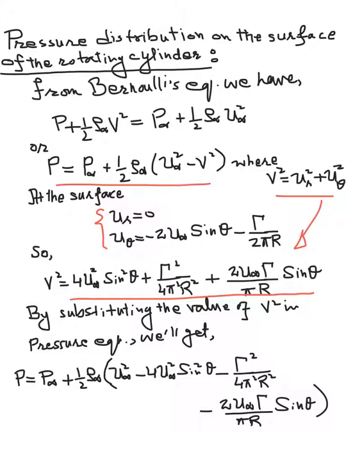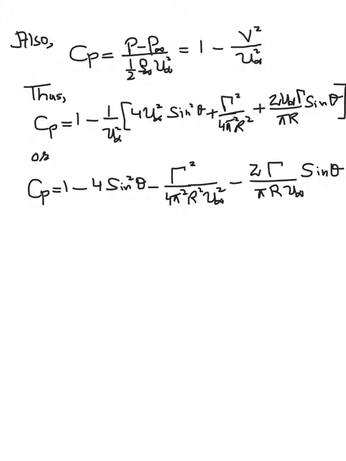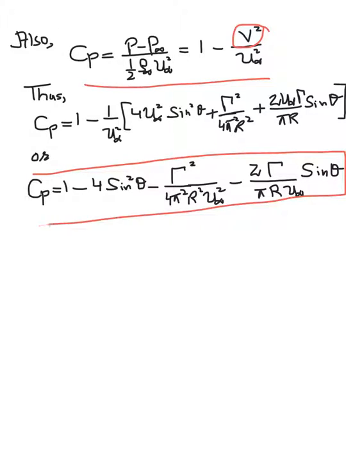Now by substituting the value of V squared in the pressure equation, let's call it equation star, I have obtained the pressure distribution here. Furthermore, I have obtained the coefficient of pressure at the surface of the cylinder by utilizing this equation. In this equation, I have substituted the velocity magnitude that I determined previously, and this has resulted in this form of the Cp, the coefficient of pressure.